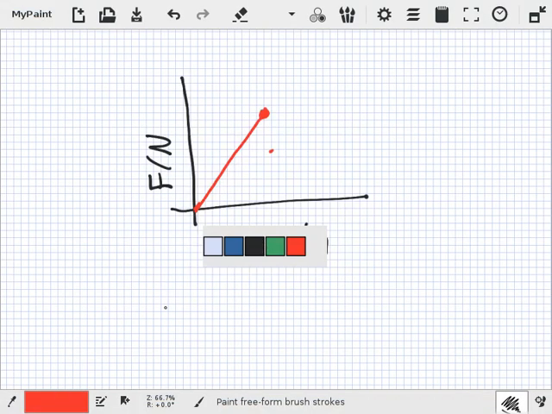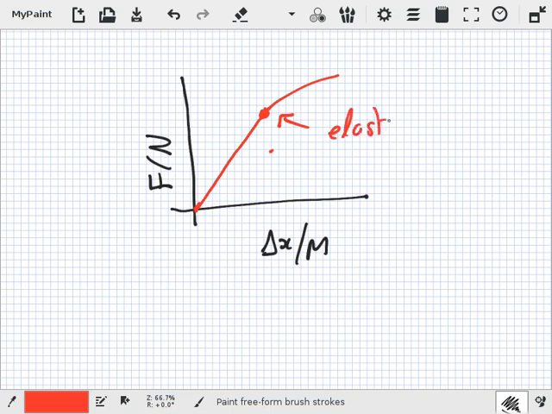So this point here is the elastic limit. And this part of the graph is the elastic part, and this part is the plastic part.